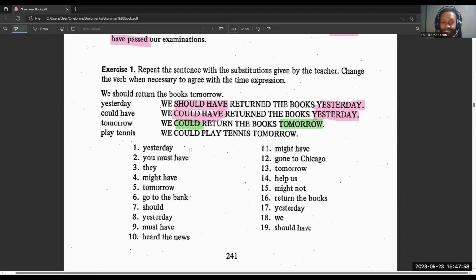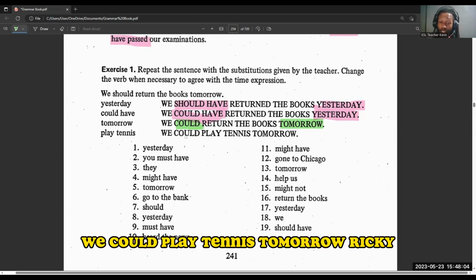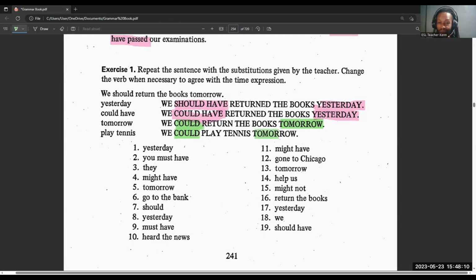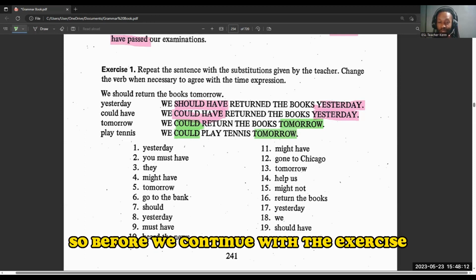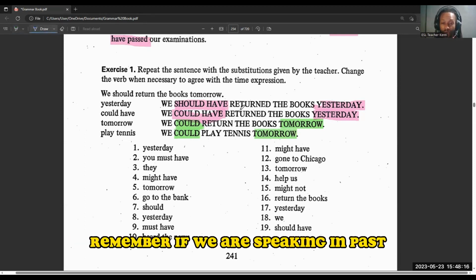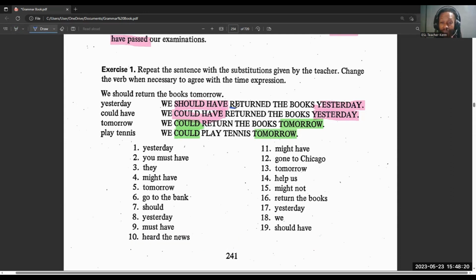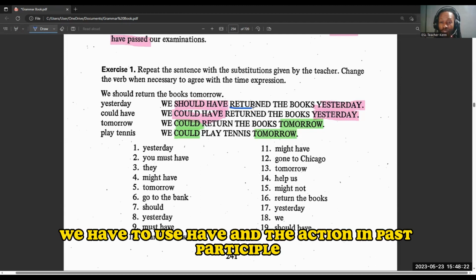Play tennis. We could play tennis tomorrow. Repeat. So before we continue with the exercise, remember, if we are speaking in past, we have to use have and the action in past participle.